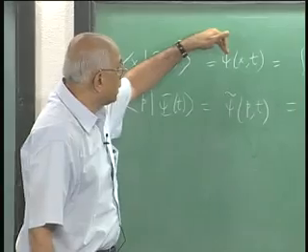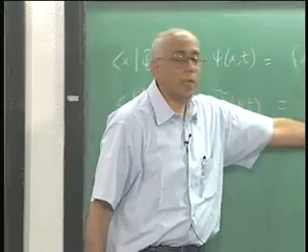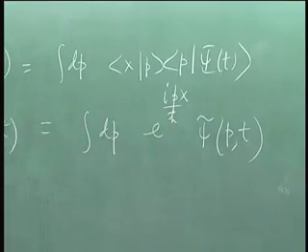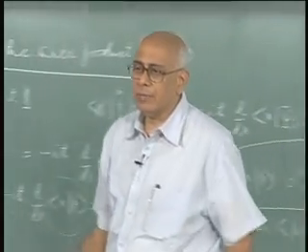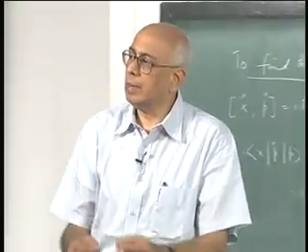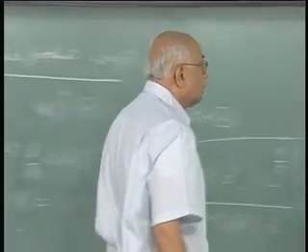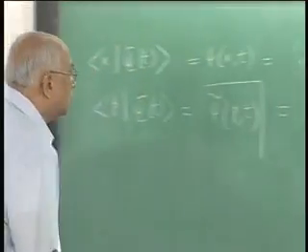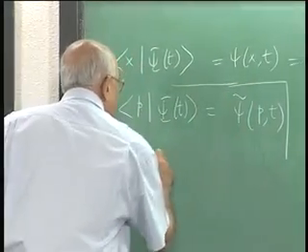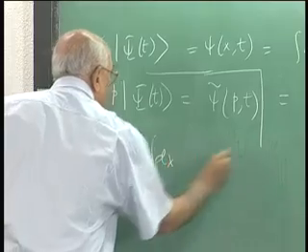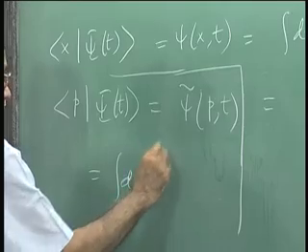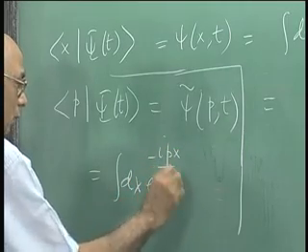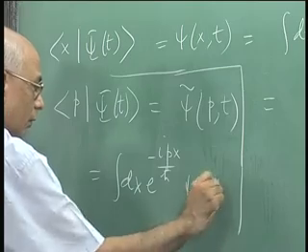So it says that psi of x, t is a Fourier transform of psi tilde of p and t and vice versa, and you can fix the constants by adopting a Fourier transform normalization convention. So this quantity here is equal to that, and of course psi tilde of p and t is the integral dx e to the minus i p x over h cross psi of x with t.